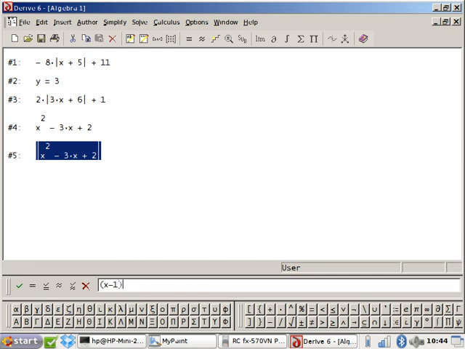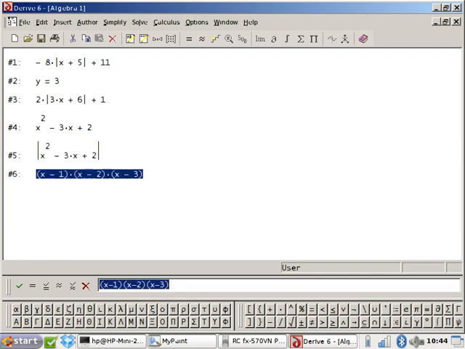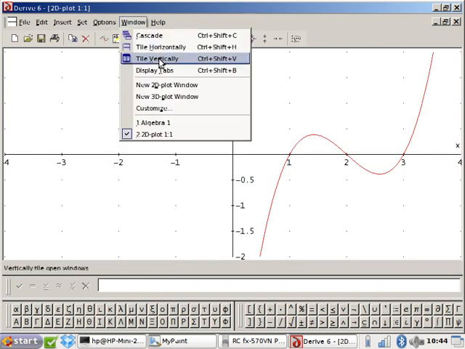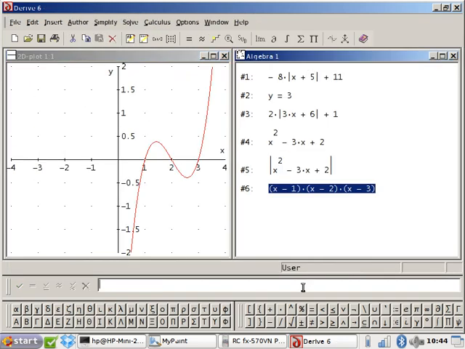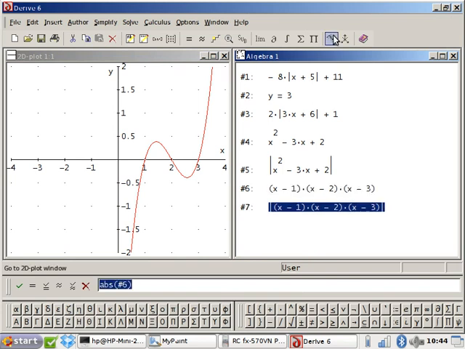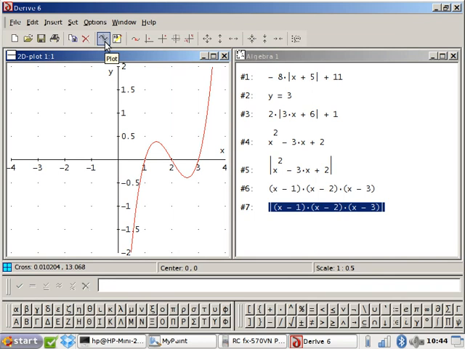Let's put in a cubic: x minus 1, x minus 2, x minus 3, and graph this. And then absolute value. Before I graph it, I want you to picture in your mind what would happen. I think this would flip up, and this would flip up.